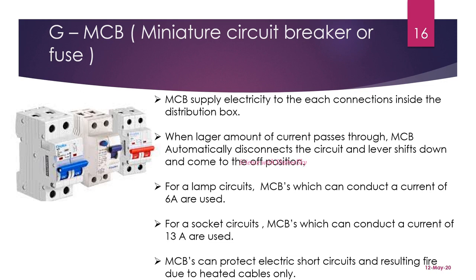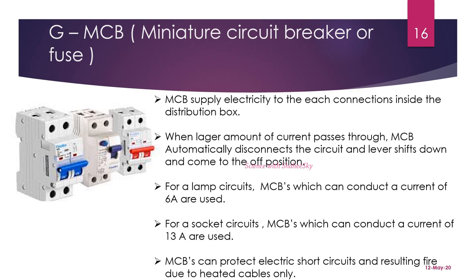When a large amount of current passes through, the MCB automatically disconnects the circuit and the lever shifts down to the off position. Usually in switch sockets the on position is when the lever comes down, but in the miniature circuit breaker the off position is when the lever comes down.